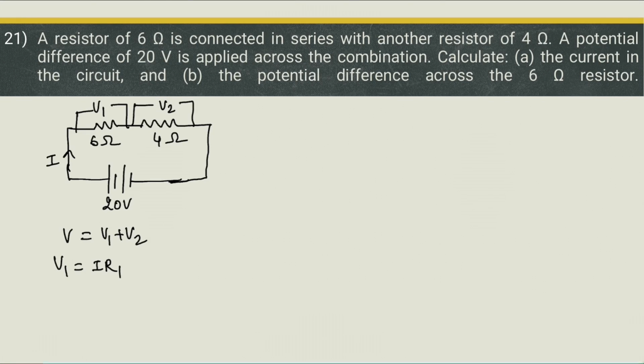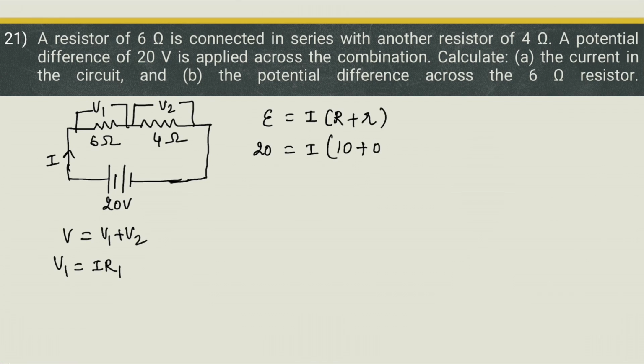And to find out current in the circuit, we use the formula E is equal to I into R plus small r, where E is the EMF of the battery, 20 volt. Current we want to find out. What is R? Total external resistance. 6 and 4 are connected in series, so the total equivalent resistance becomes 10 ohm, which I am writing directly here.